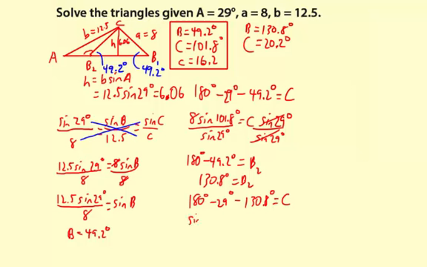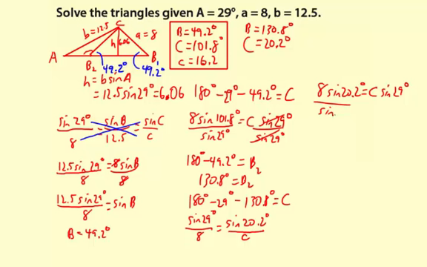So it's going to be sine of 29 degrees to 8 equals sine of 20.2 degrees to side C. Now we'll cross multiply that, and it's going to be 8 times sine of 20.2 degrees equals C times the sine of 29 degrees.